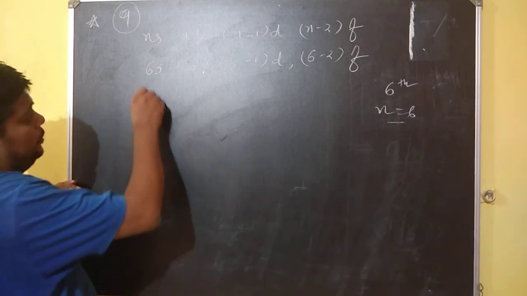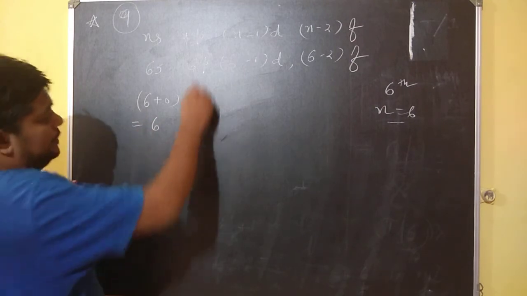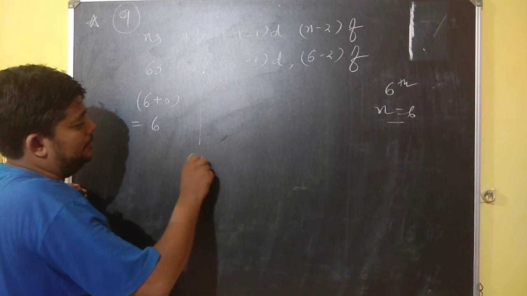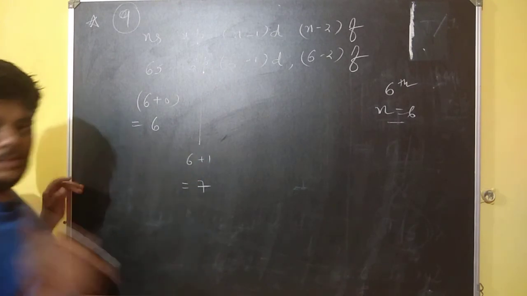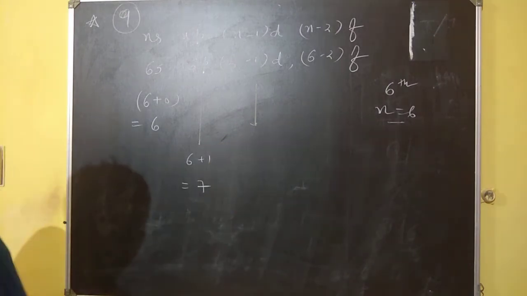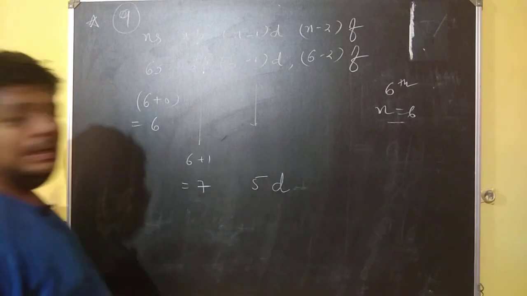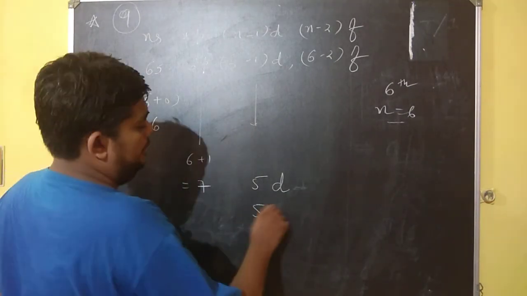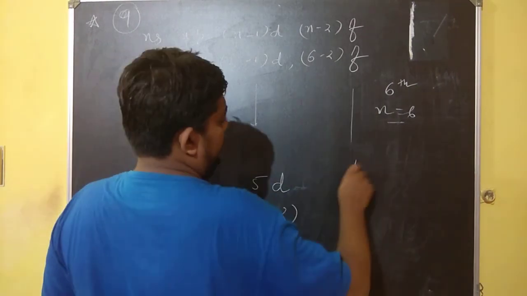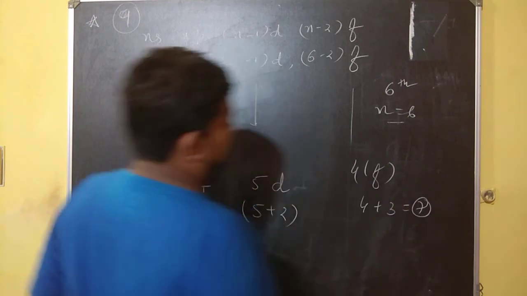S is 0, so it will be 6 plus 0, n plus l is your energy, so 6. What about this? Mind well properly. 6 plus 1, so it will be 7. Over here you check, it is 6 minus 1, 5, and then comes your D, so it would be 5 plus 2, again 7. And over here it would be 4F, that is 4 plus 3, again 7.